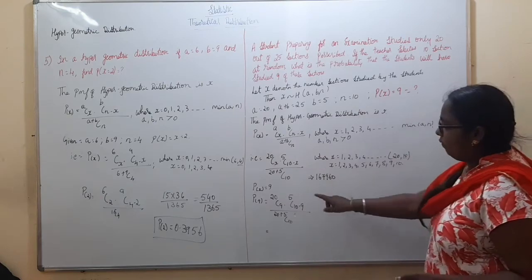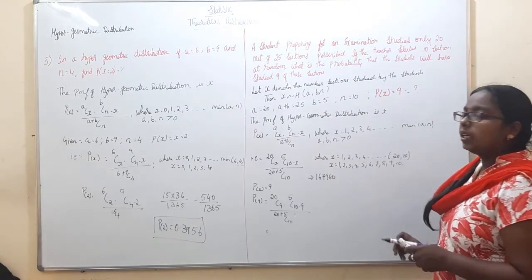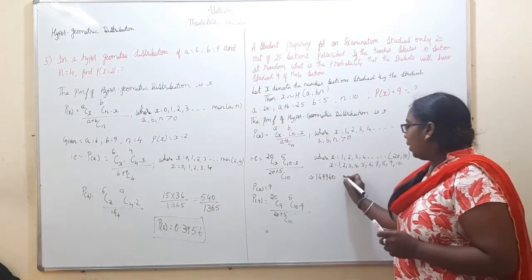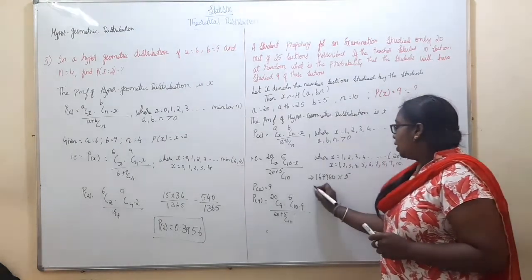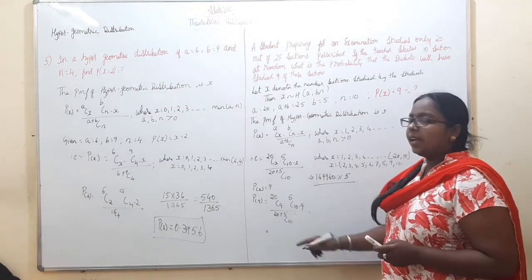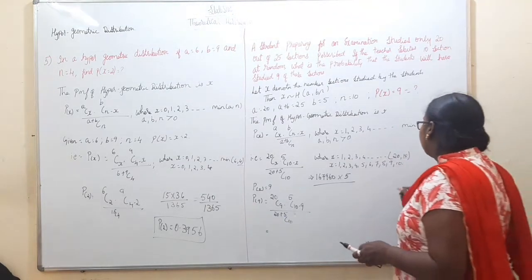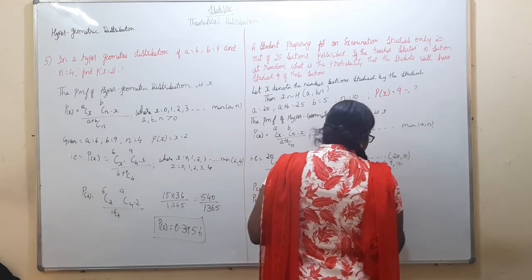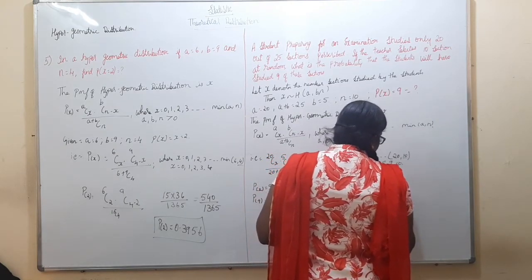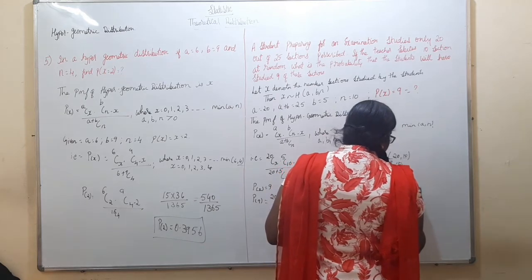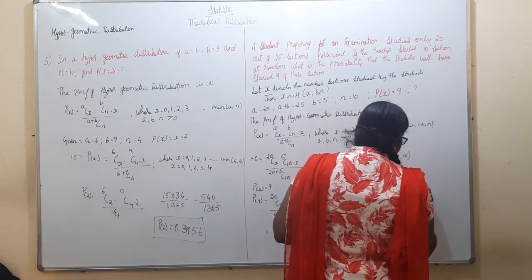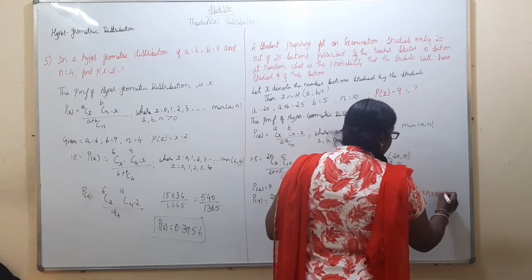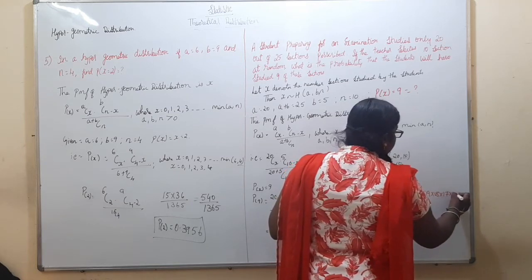Then next is 5C10 minus 9, so 10 minus 9 is 1. 5C1 is 5, I will get here 5 divided by 25C10, okay. So for 25C10 I should take 25, 24, 23, 22, 21, 20, then 19, 18, 17, 16.